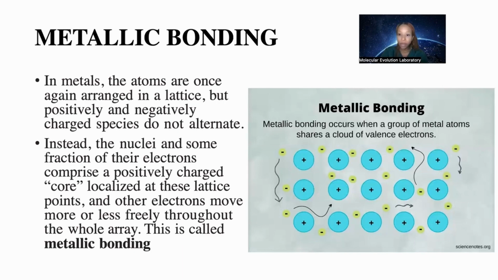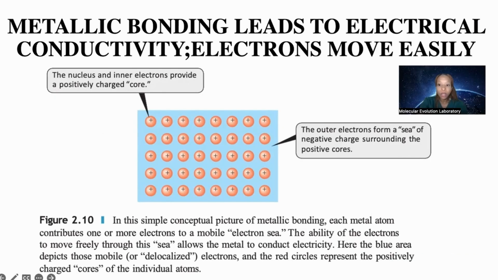So basically, nuclei of the metallic elements are closely arranged so that the electrons form a lattice. The bonding tends to occur within the lattice that is formed. So metallic bonding occurs when a group of metals share a cloud of valence electrons. This is just a simple representation of metallic bonding.